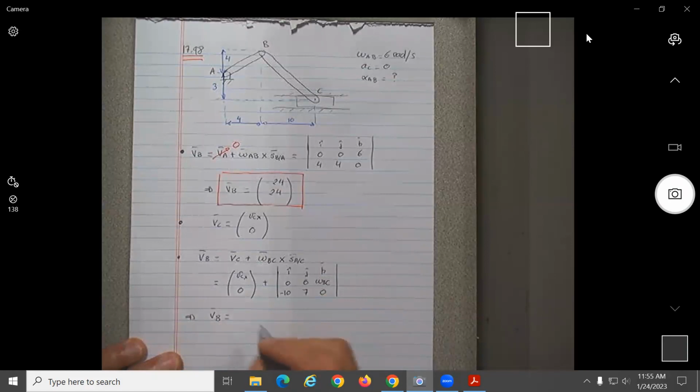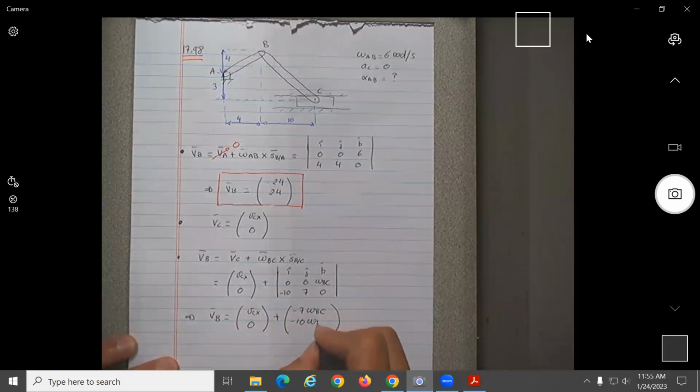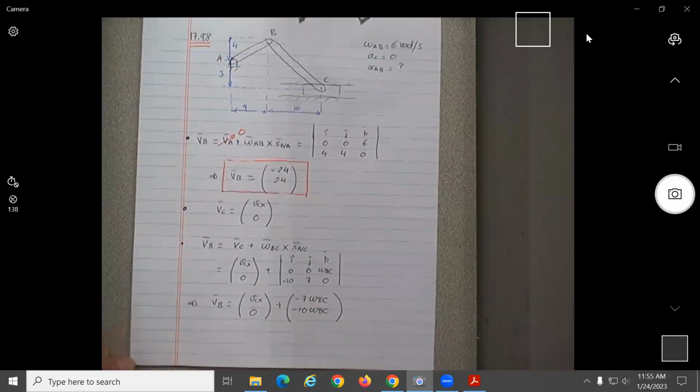VB will be equal to VCX, 0, plus minus 7 omega BC, and the other one will be minus 10 omega BC. So this will give you a second expression for VB, equal to VCX minus 7 omega BC and minus 10 omega BC.